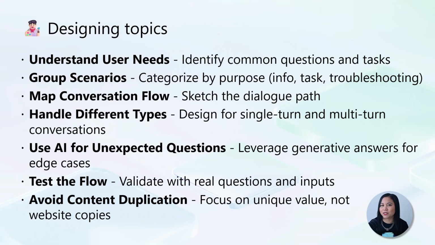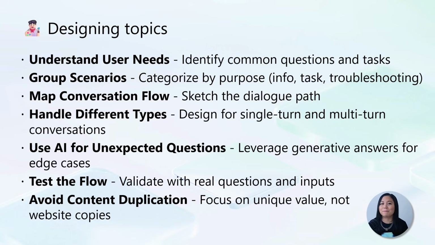So how do you design topics? Well, here's a guide that you can follow. This process starts with understanding what your users actually need and ends with thorough testing and iteration. Start by identifying common questions and tasks, then group them into categories such as informational, task-based, or troubleshooting.